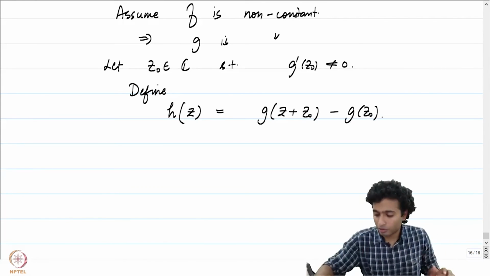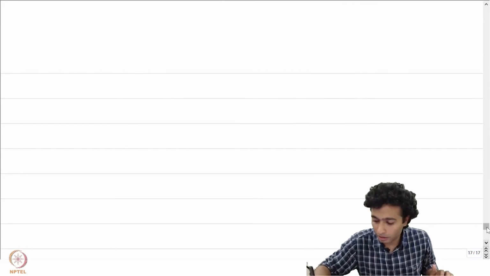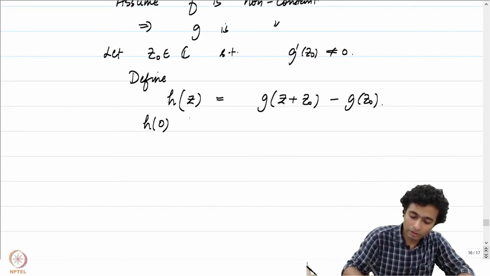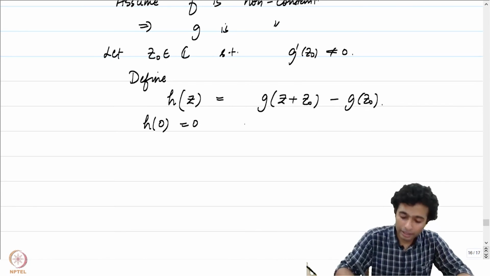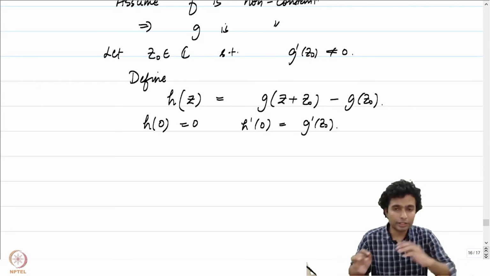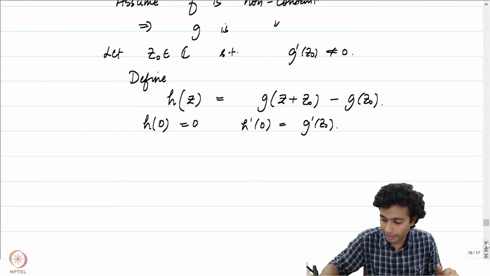Observe that h of 0 is equal to 0, and h prime of 0 is precisely equal to g prime at z0 by the chain rule.